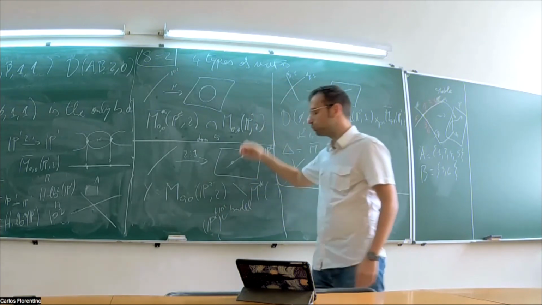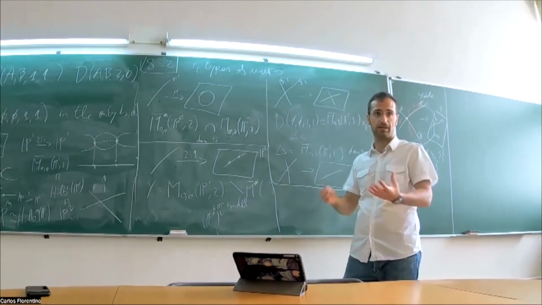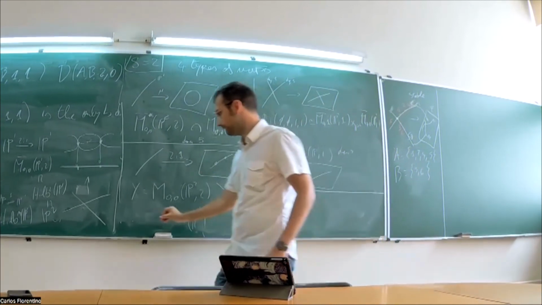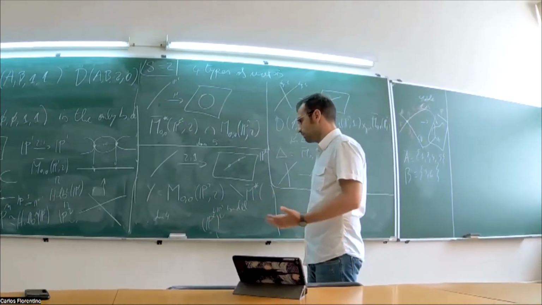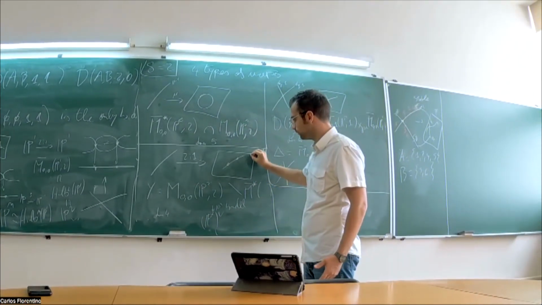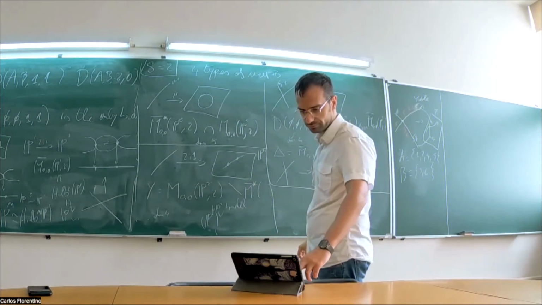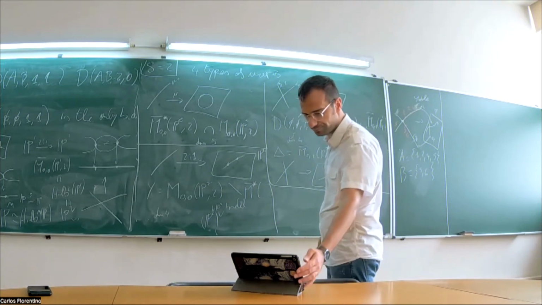It's a P2 bundle over a Grassmannian that defines P2. So it's 4-dimensional. So it's basically the choice of a line and 2 points over the line. Okay.